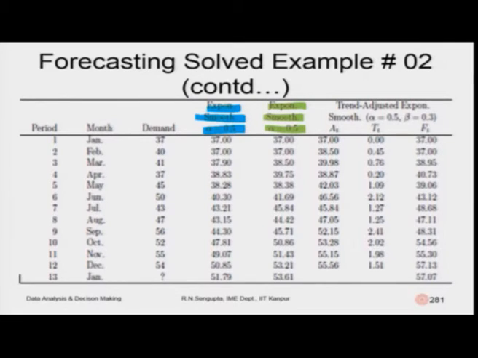Based on that you go step by step, first find out the values of a and t at the particular time, and utilize those values of a and t to predict f for the next time period.